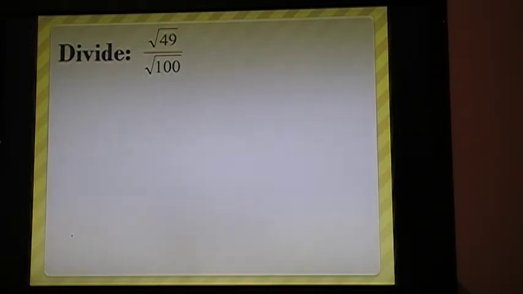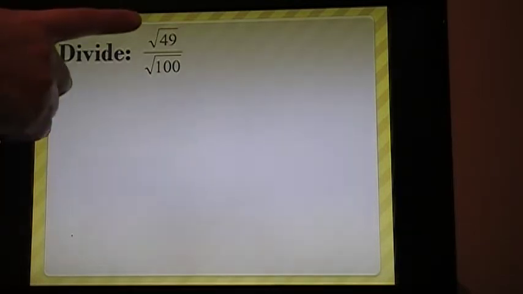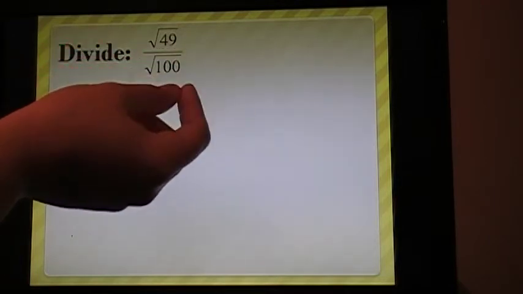Looking at this first division, we've got the square root of 49 over the square root of 100. With each of these, you're going to have to think about it a little bit before you start. Sometimes, if you've got 2 separate square roots, it's helpful to rewrite that as a single one. In this case, it is true that this is equivalent to the square root of 49 over 100.